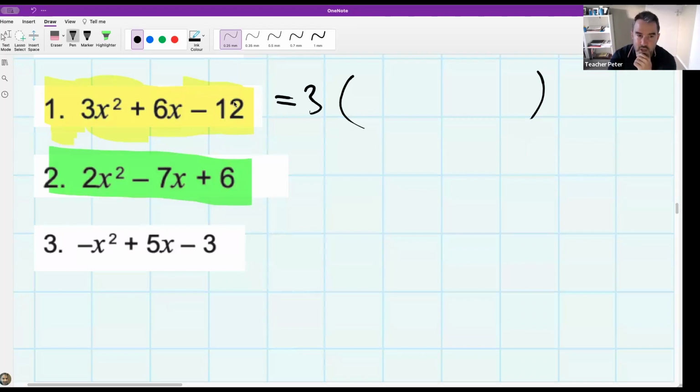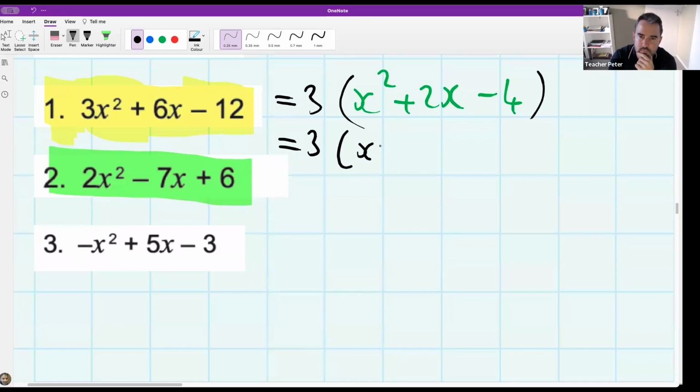When you're done with the yellow and the green one, just say done in the chat. And we have to think of a number that we can add and then take away again to complete the square for the yellow one.